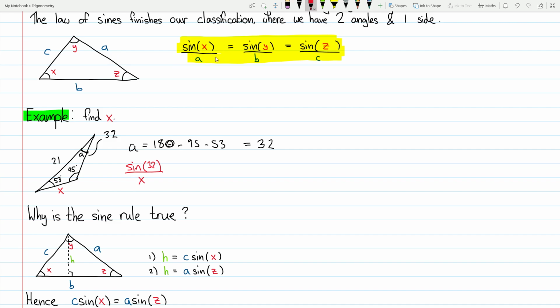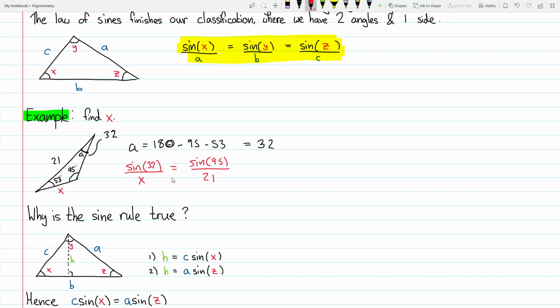In the same way, if we have this angle here, let's say y, then we have our angle y, and we divide it by the opposite side b. And similarly, we have our angle 95, so sine of 95, and we divide through by the opposite side, which is 21. And so we can solve for x, right?